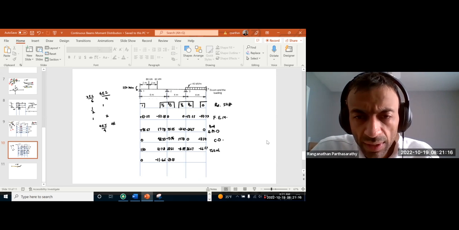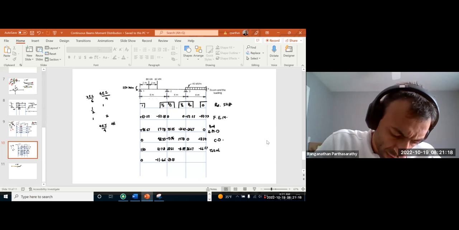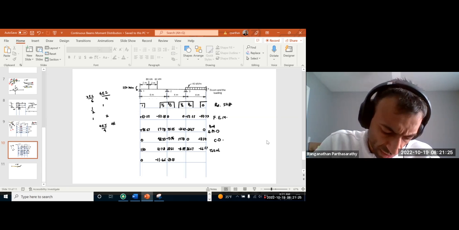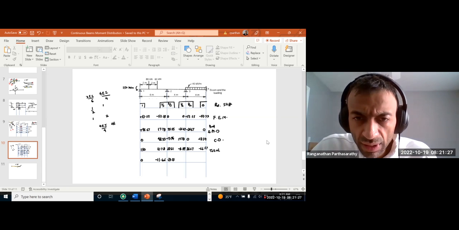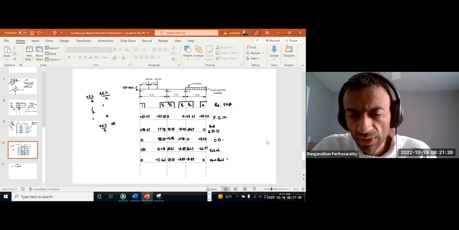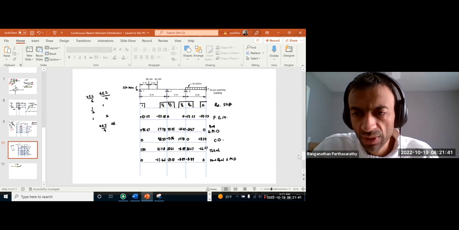And here we have positive 17.78. So we need to apply half and half. So negative 8.89, negative 8.89. This one is nothing. So it's balance, moment distribution.